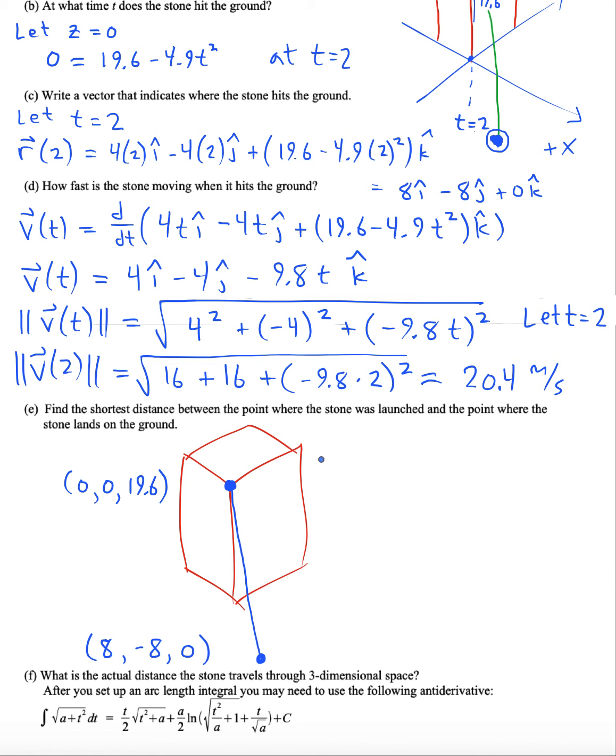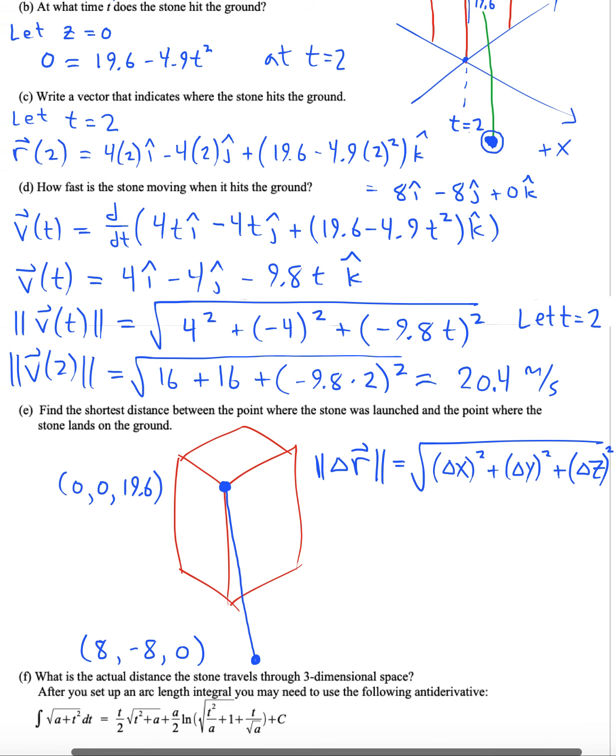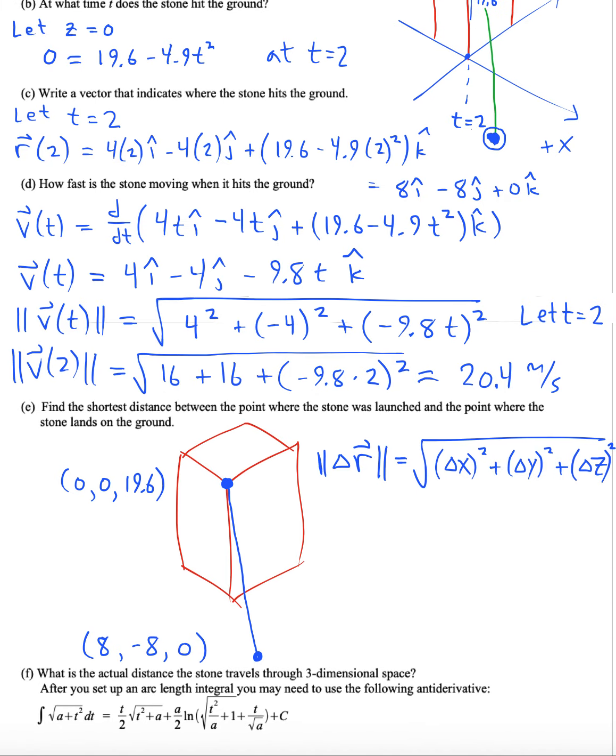All right, in 3 dimensions, to get the shortest distance between 2 positions, we need the magnitude of delta r. Okay, so I'll use a magnitude formula. I need delta x squared plus delta y squared. And since we're working with 3 dimensions now, we also need delta z squared. Let's plug these in.